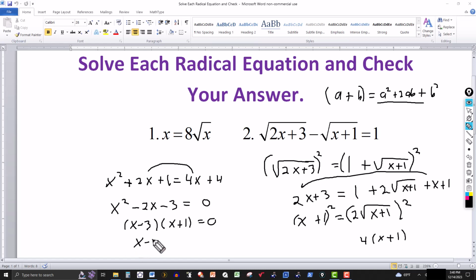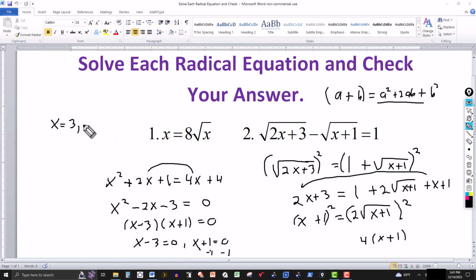So x minus 3 can be 0, or x plus 1 can be 0. We add 3 to both sides for the first equation, and I get x is equal to 3. Or, on the next one, add negative 1 to both sides to solve for x. This cancels here, I get x equal to negative 1.